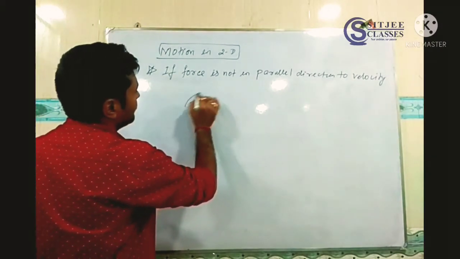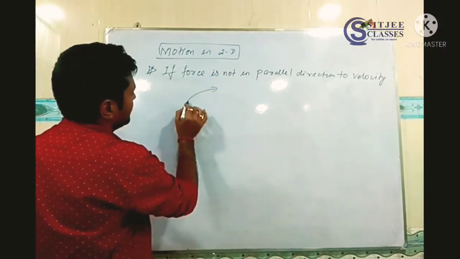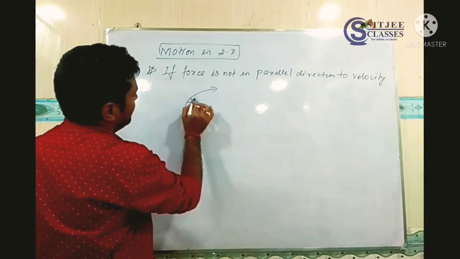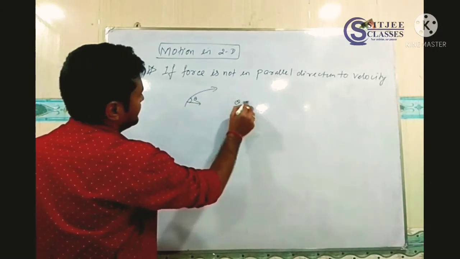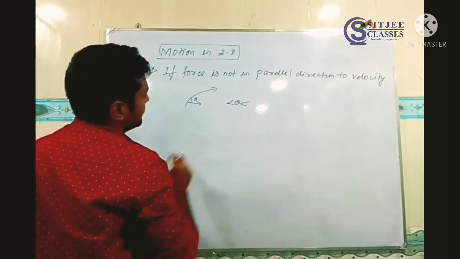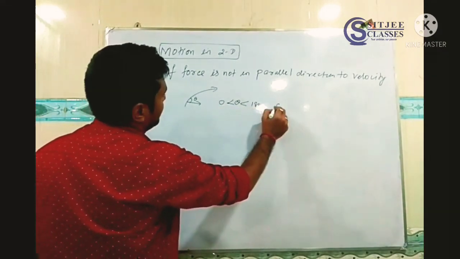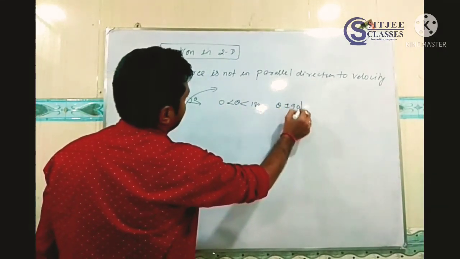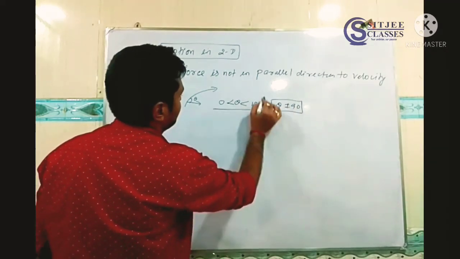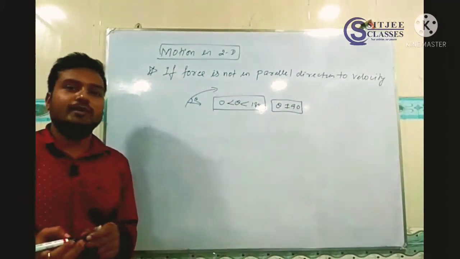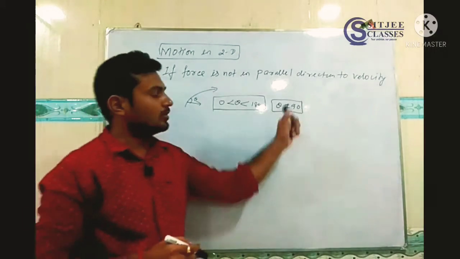The path of the particle and the force will have some angle, which is between 0 degree to 180 degree, but theta is not 90 degree.